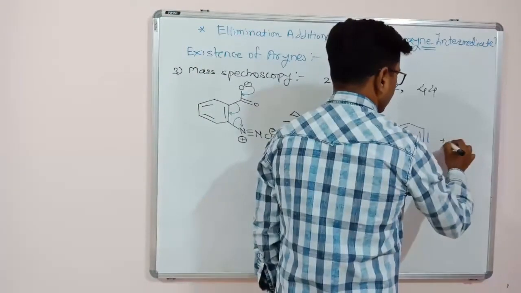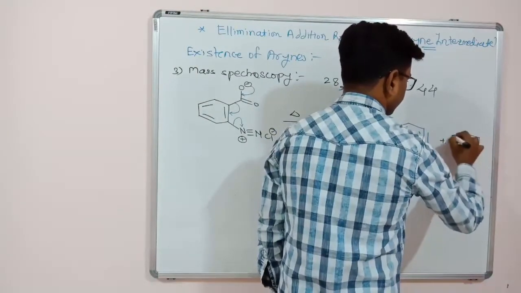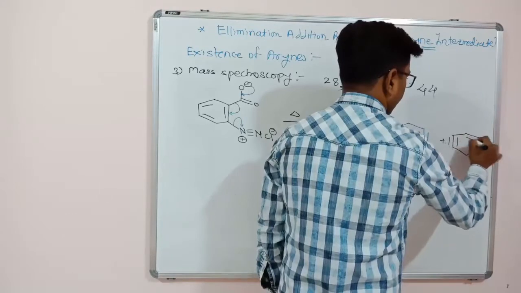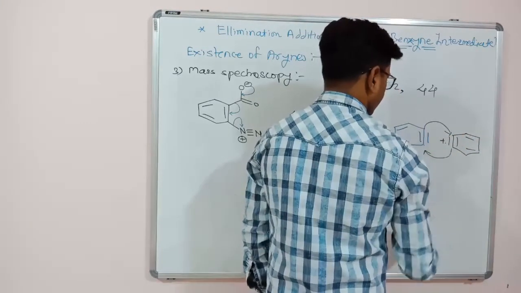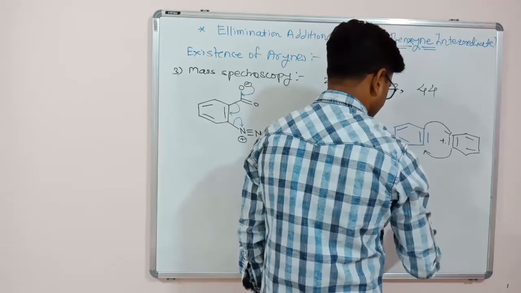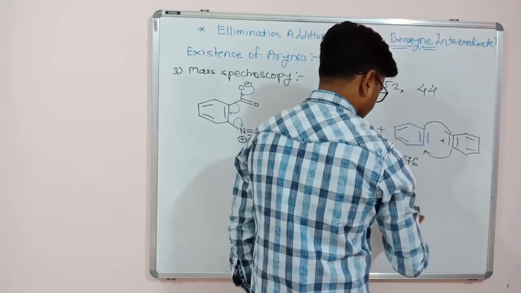Suppose here is another benzyne. So this forms a bond with this one, this forms a bond with this one, and we will get a dimerized product.